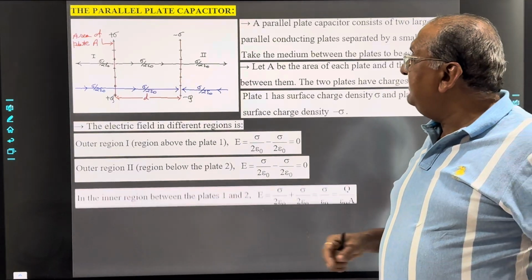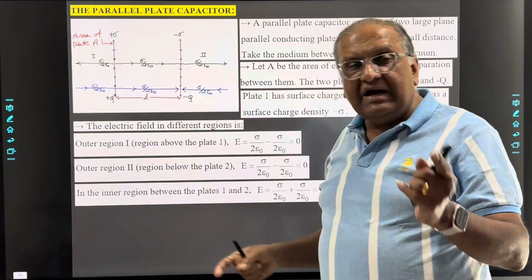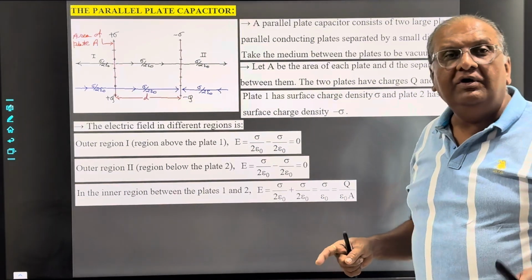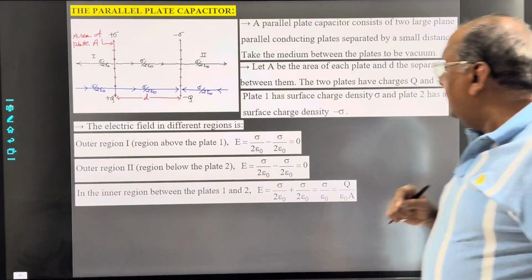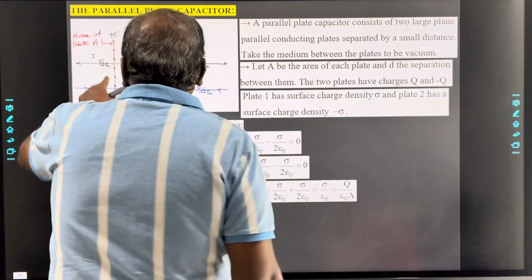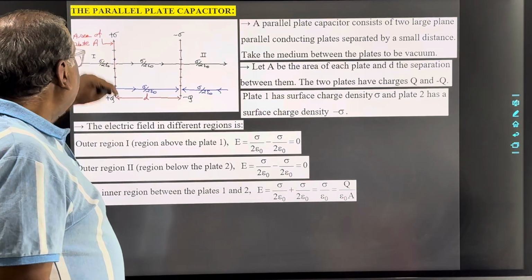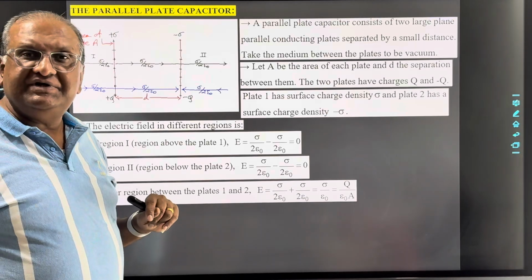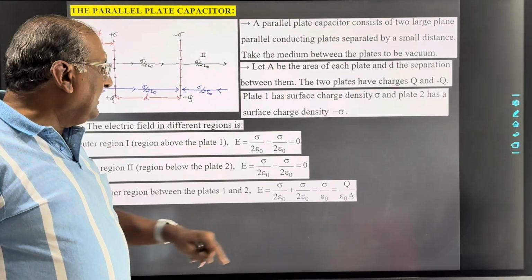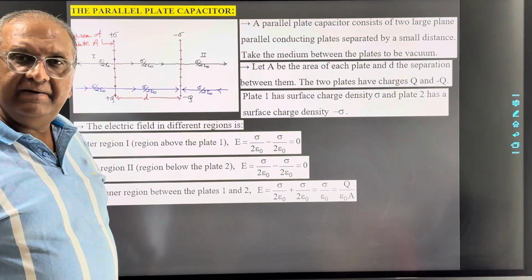So the net field will be sigma upon 2 epsilon 0 plus sigma upon 2 epsilon 0, that is sigma upon epsilon 0. Now sigma is the surface charge density, the area of the plate is A, and the charge on the capacitor is Q. So we can replace sigma with Q by A.